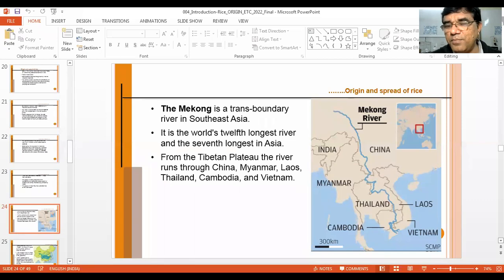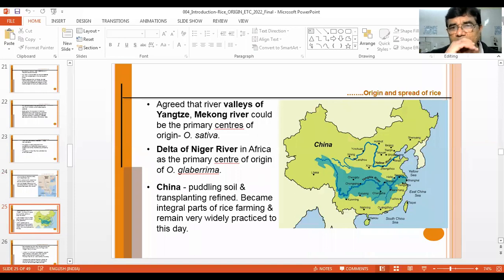Some valleys on the way are considered as origin of rice, in addition to the Yangtze River Valley. Most scientists agree that the river valleys of the Yangtze and Mekong could be the primary center of origin of Oryza sativa. The majority of people agree to it.